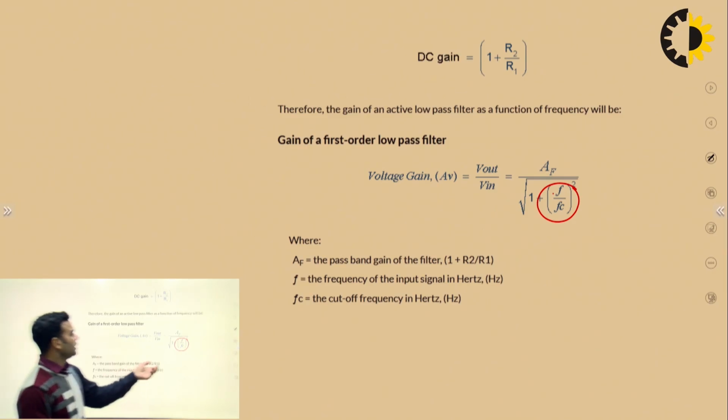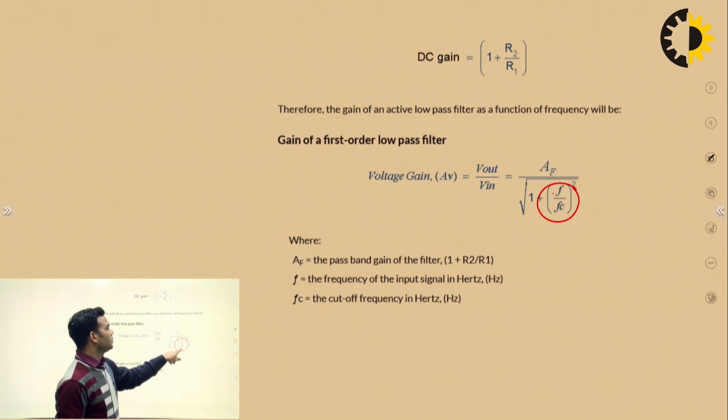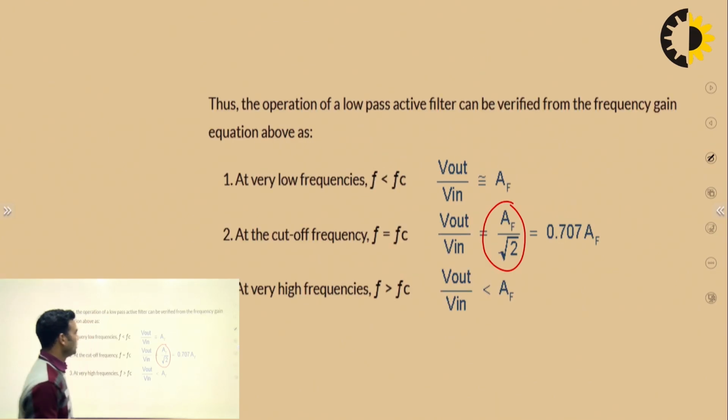At very high frequency, that means when f is much greater than fc, this term will become very large. When the numerator is small and the denominator is very large, that means this AV will become very small, much less than AF.